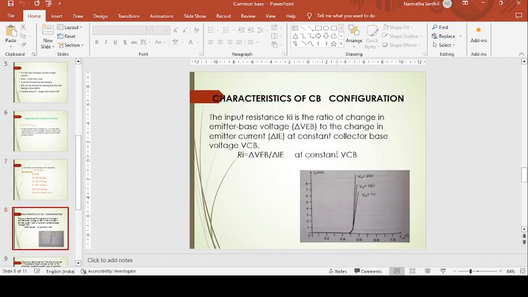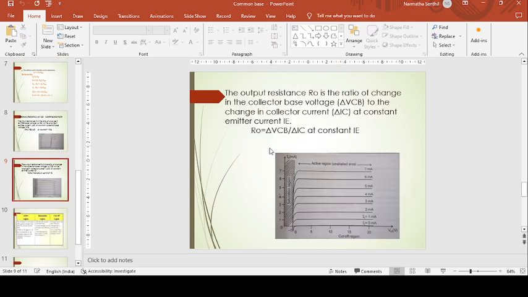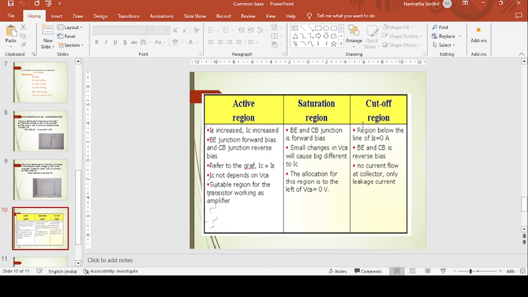The characteristics of common base configuration: Ri is equal to the voltage across the emitter base divided by the current across the emitter, at constant VCB. And RO, the output resistance, is represented by delta VCB divided by delta IC, where the input current across the emitter is constant.